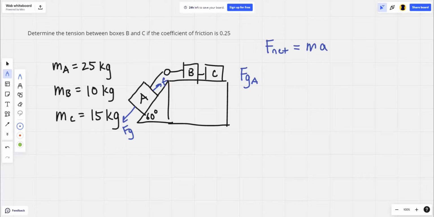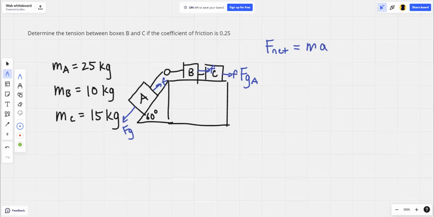So let's move on to box B. We don't care about the tension, but there is going to be friction since we're assuming that it moves this way, and the friction is going to be opposite that direction, this way. And then for C, it's the same thing. We're assuming it's going this way, so the friction would just be going this way.